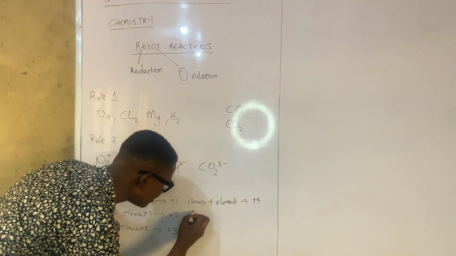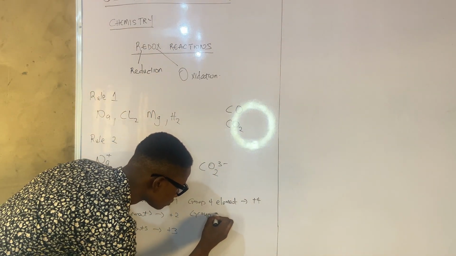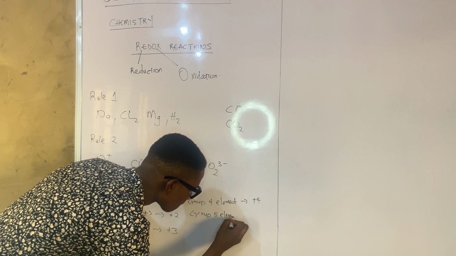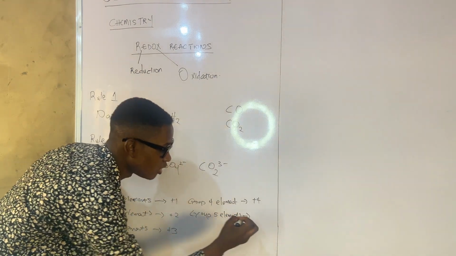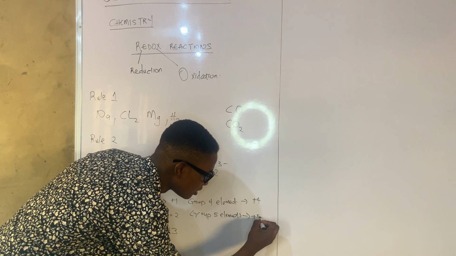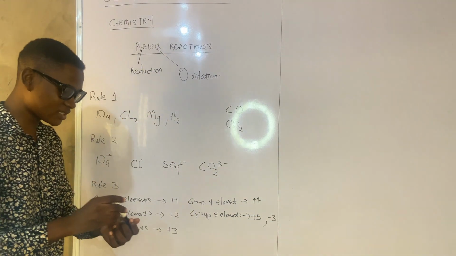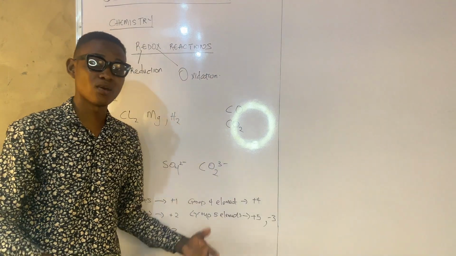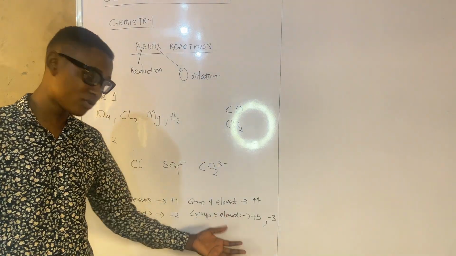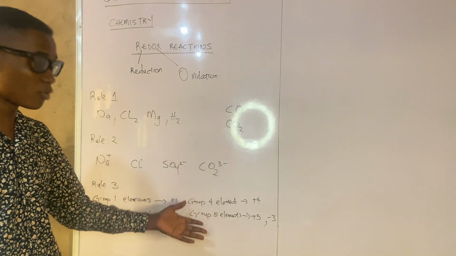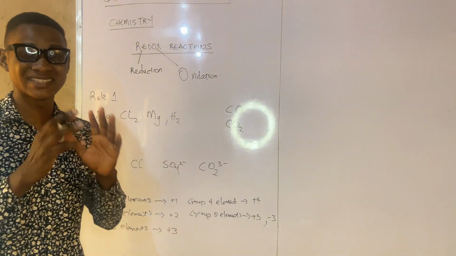So for group 5 elements, it is +5, and sometimes can be -3. Check it: +5 and -3. And I will say it again, it depends on the compound they are in. For example, a very popular group 5 element is nitrogen.